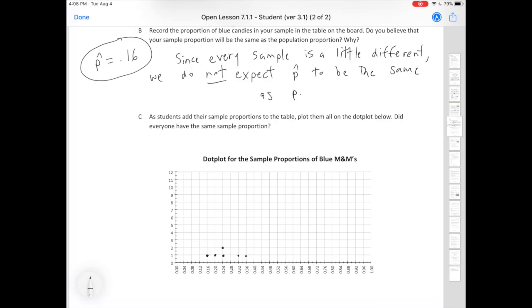Student number 6 got 0.24. I'll just keep going here. 0.24 again. 0.32. 0.28. 0.28 again. 0.24. 0.28. 0.32.